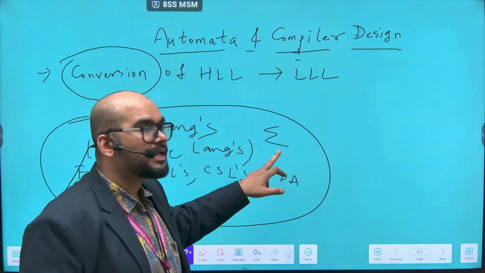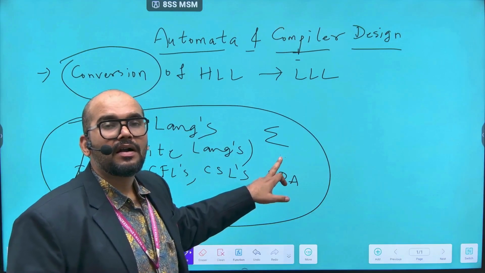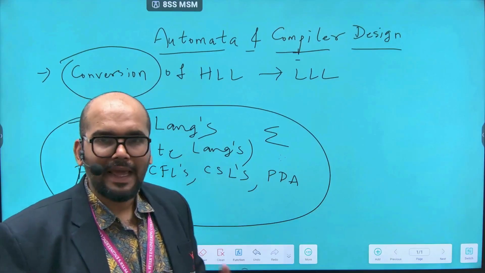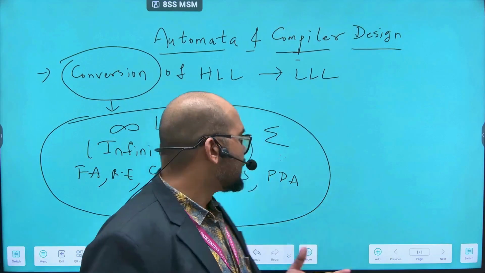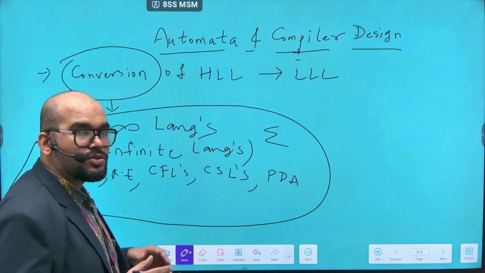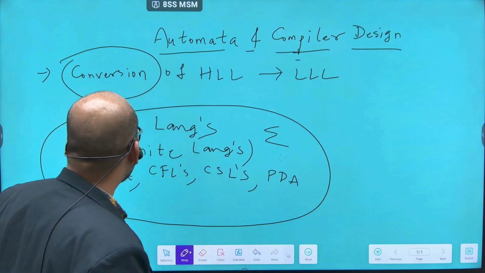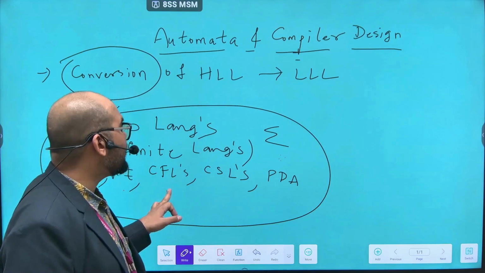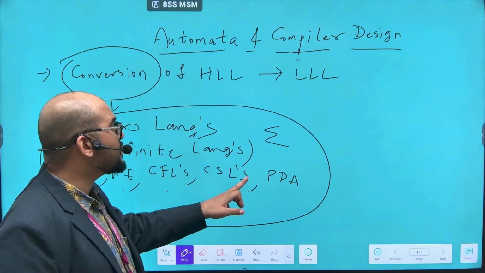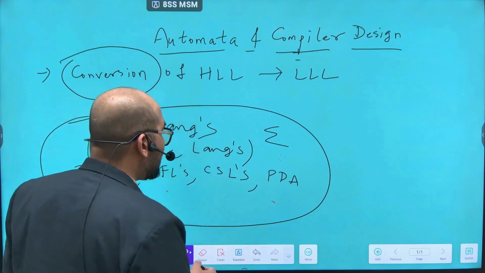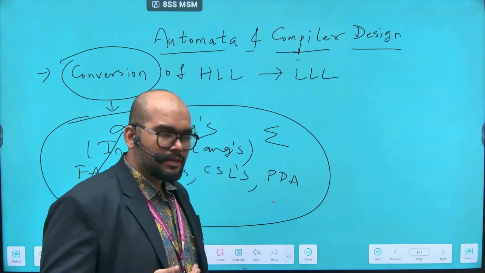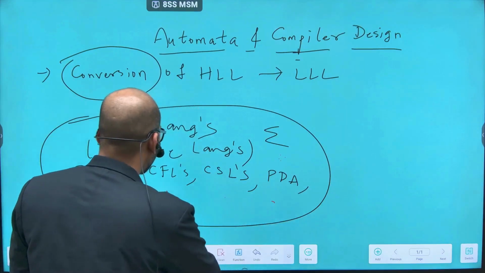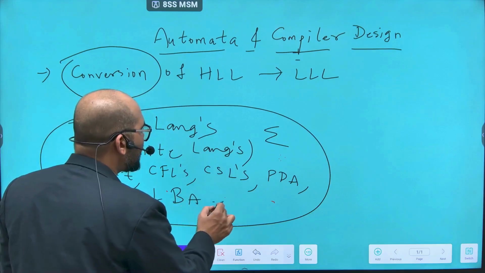This is the mathematical representation of defining languages. And it goes through transitions that can be finite automata, regular languages, context free languages, context sensitive languages, PDA, and LBA, linear bounded automata.